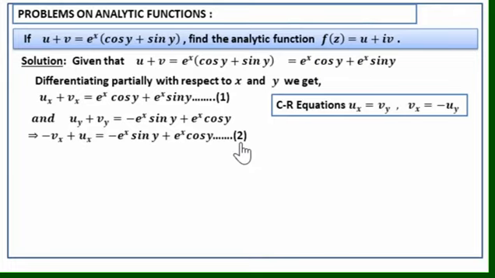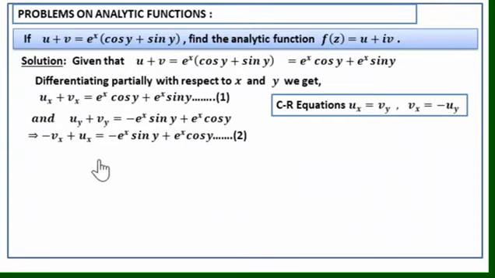Now we will solve 1 and 2 for ux and vx. Here we have ux plus vx, and in the second equation we have minus vx plus ux. So adding 1 and 2, we get ux plus ux, 2ux, plus vx minus vx, which is 0.